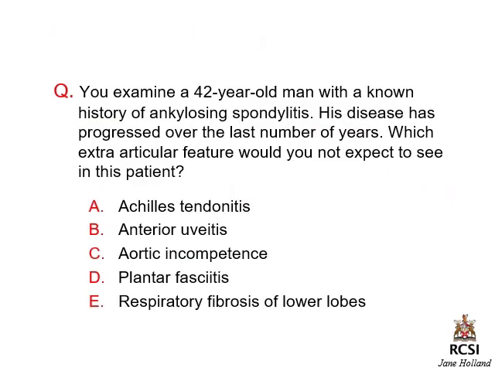Here is, oh yeah, so on the face of it, this looks okay. You've got a little clinical vignette, and you're saying, what extra-articular feature would you not expect to see? The issue is this.